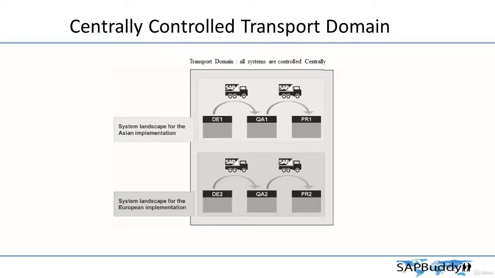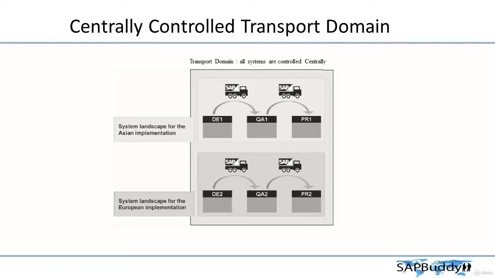Moreover, the activities which are carried out in each respective system can be controlled by authorization in detail. Let's say when you are configuring a TMS, you basically define the role of each system in the landscape. Okay, whether it's a development system or a QA system or a production system. QA system means quality assurance as well as approval system.